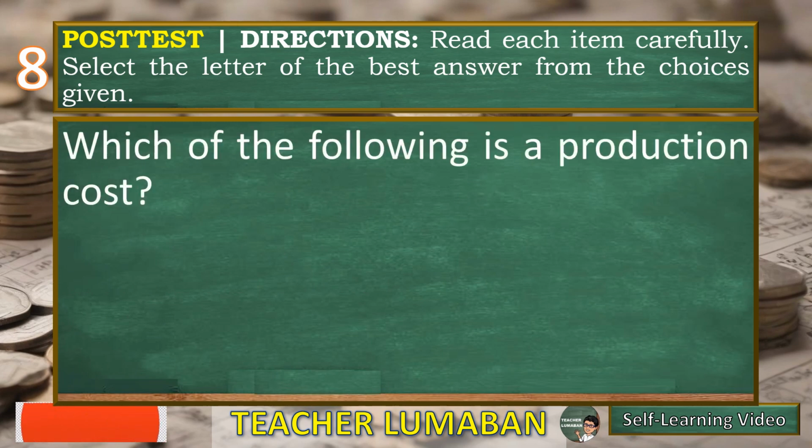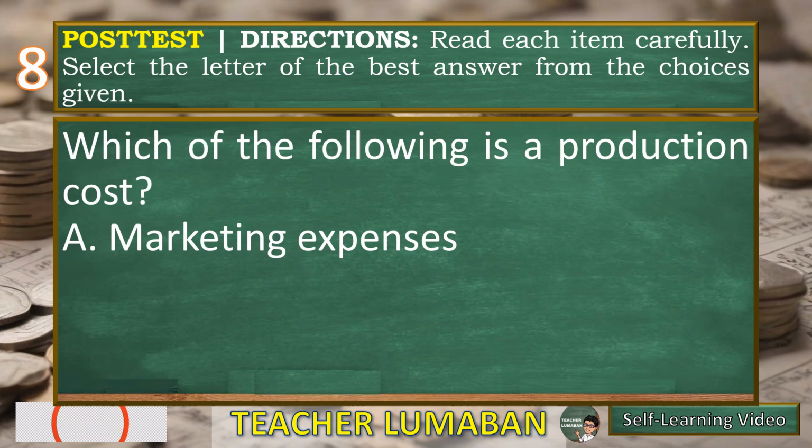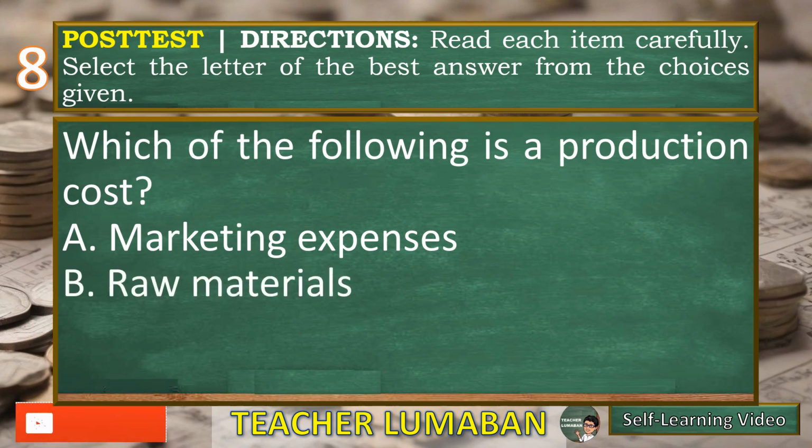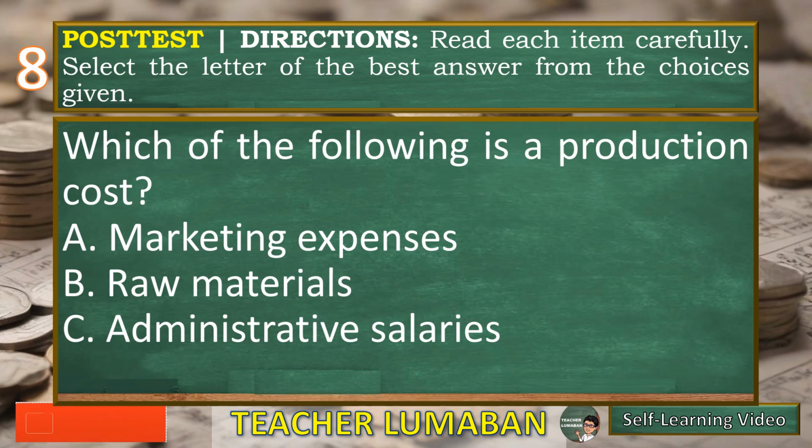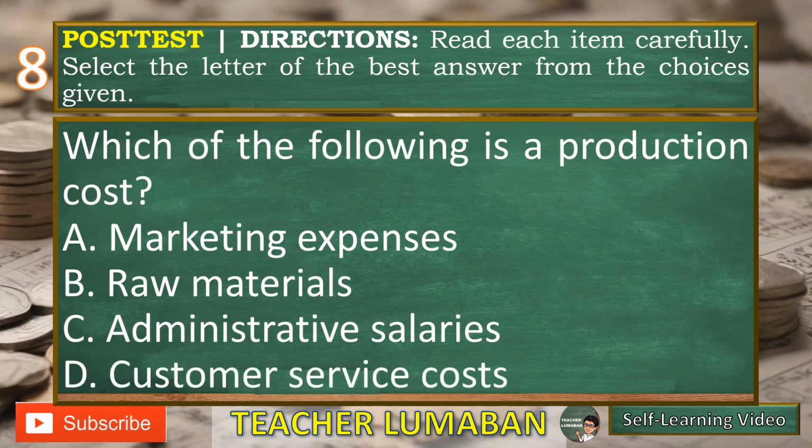Which of the following is a production cost? A. Marketing expenses. B. Raw materials. C. Administrative salaries. D. Customer service costs.